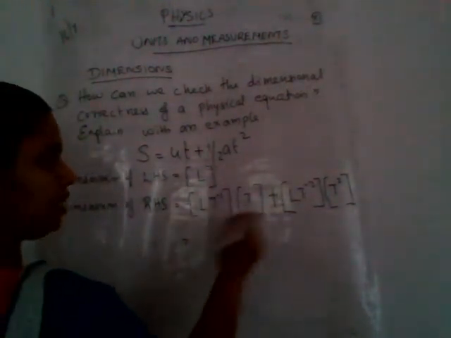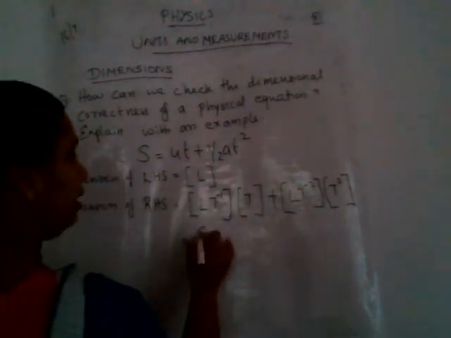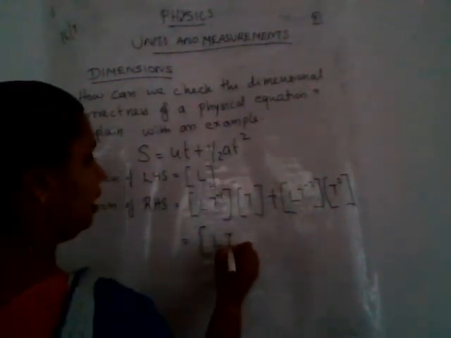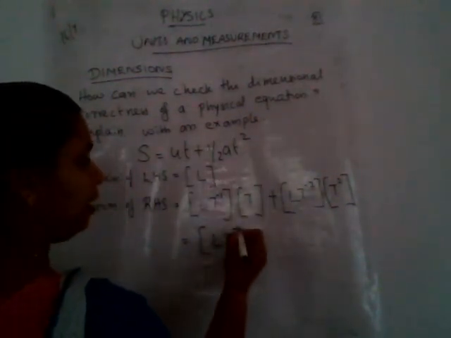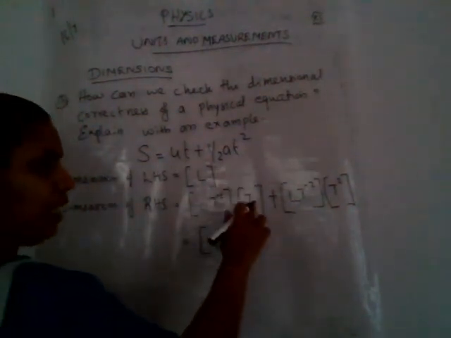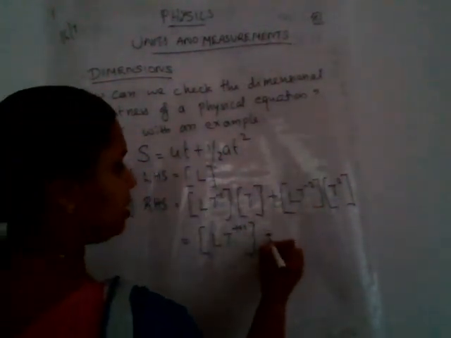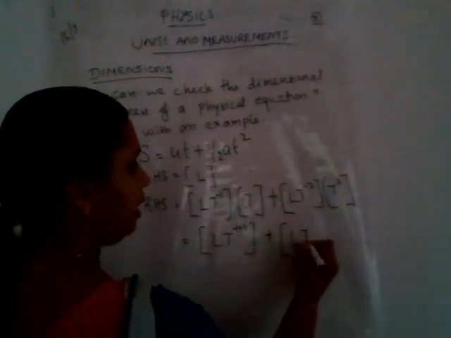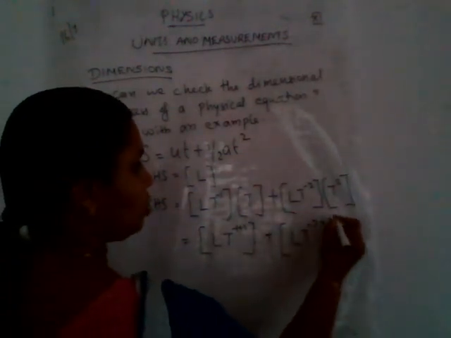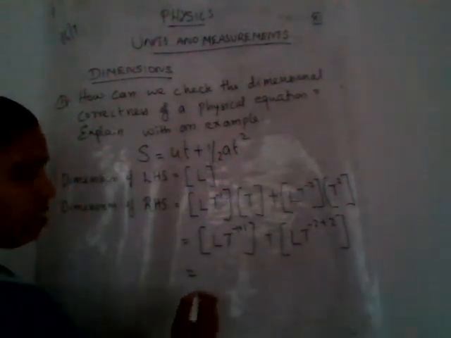So we can club this. Here the first term we can write in a single bracket. So it is L T to the power minus 1 plus 1, isn't it? a raised to m into a raised to n is equal to a raised to m plus n, inside the bracket, plus L T to the power minus 2 plus 2. So minus 1 plus 1 is 0.